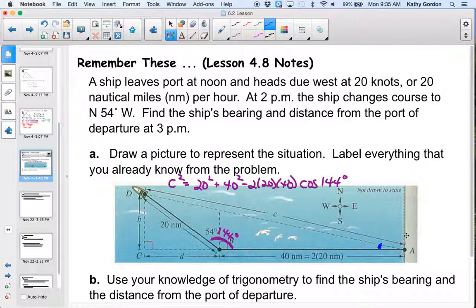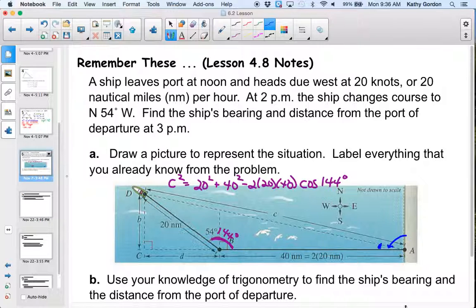So that I could figure out how far did I go from north to get to that path. So once I figure out what C is, then I could set up a law of sines to figure out this one, and then figure out the bearing from there. Much easier than the whole right angle stuff that we did when we saw this the first time.